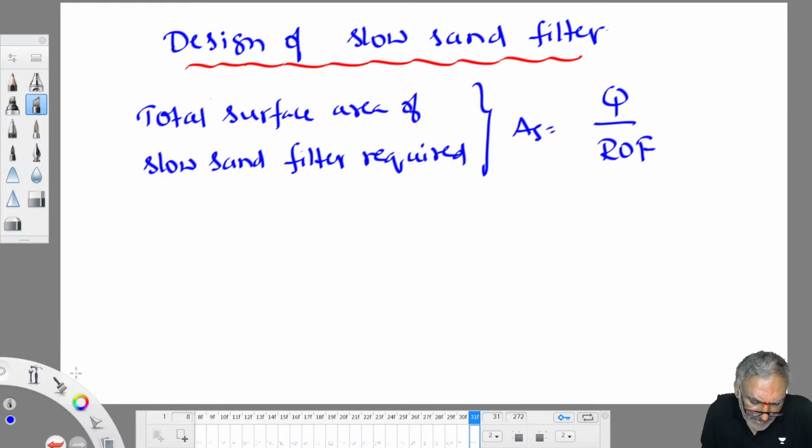Once you find this out, there are two ways you can design. The method one is: fix the number of filters, find the size of each filter.